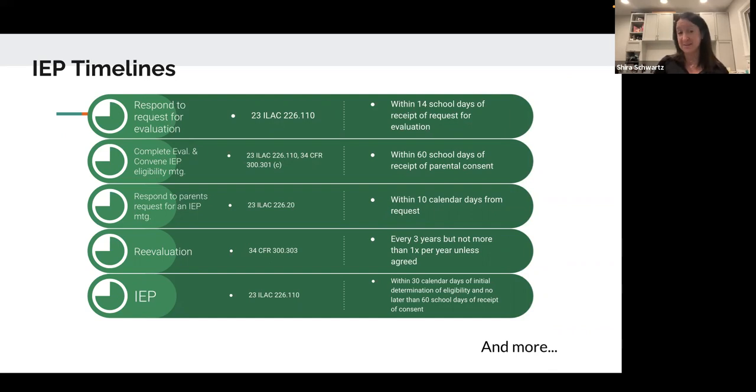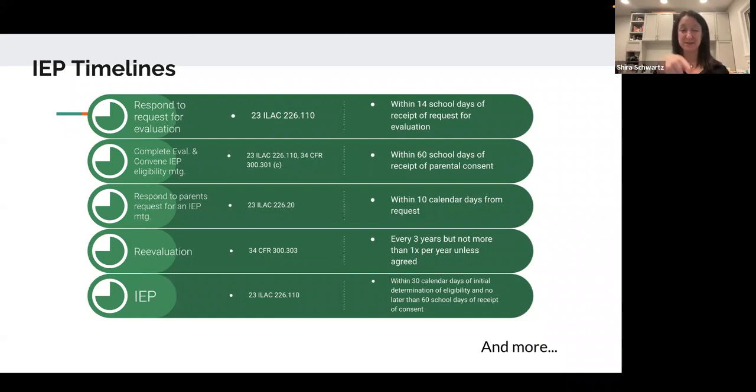Once they say yes, then a domains meeting is held, which I'll explain in a minute. But once those domains are signed off on, then the school has 60 school days. This is why whenever parents call me and say, well, I'm not sure, maybe, I say, go ahead and put your paperwork in, because they're either going to say yes or no, but the time starts ticking.